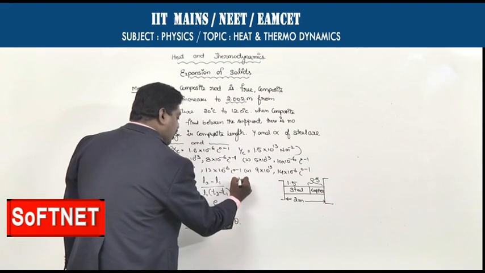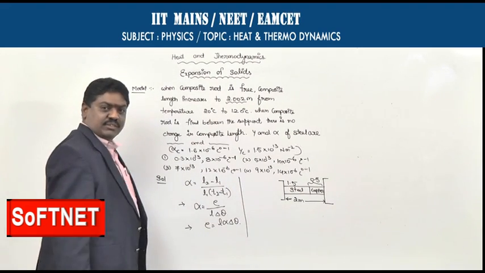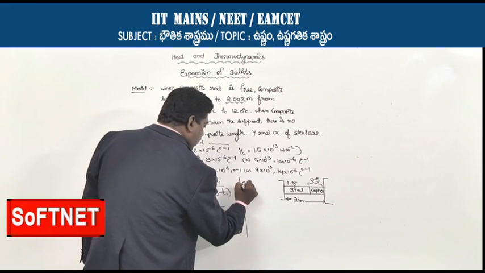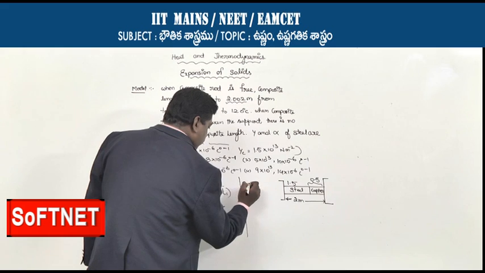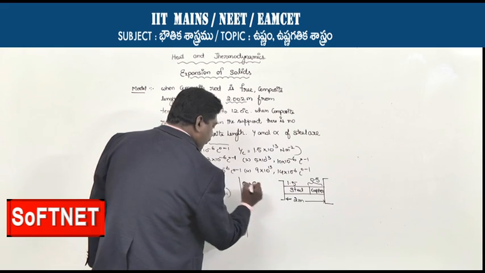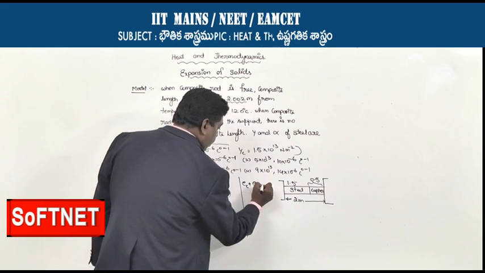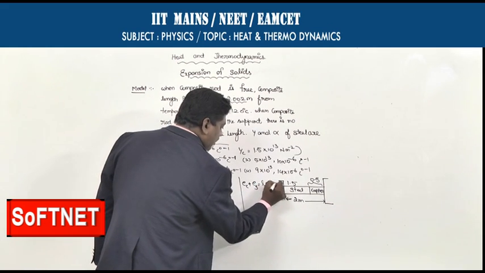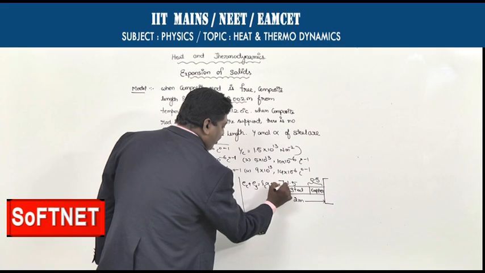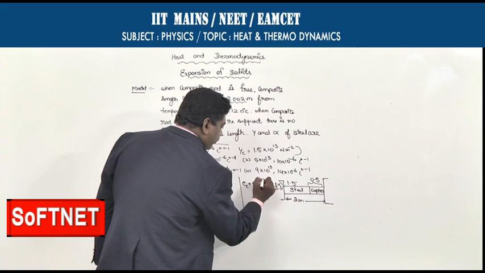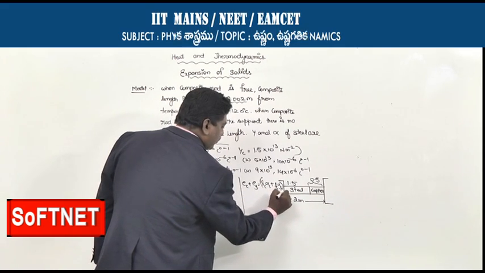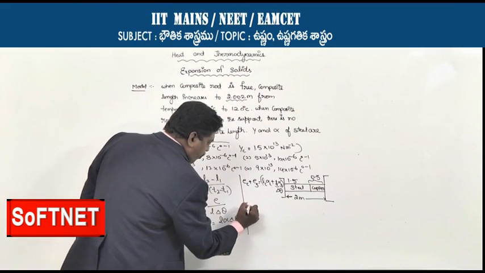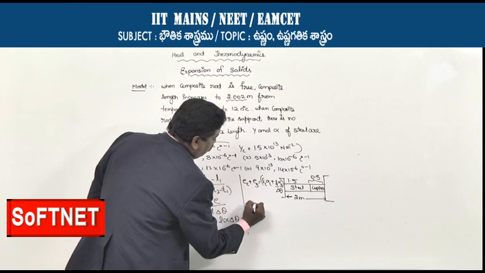Now the situation is of two different materials. So we can write E copper plus E steel is equal to (L copper alpha copper plus L steel alpha steel) into delta theta. The total expansion is given as 0.002 meters.